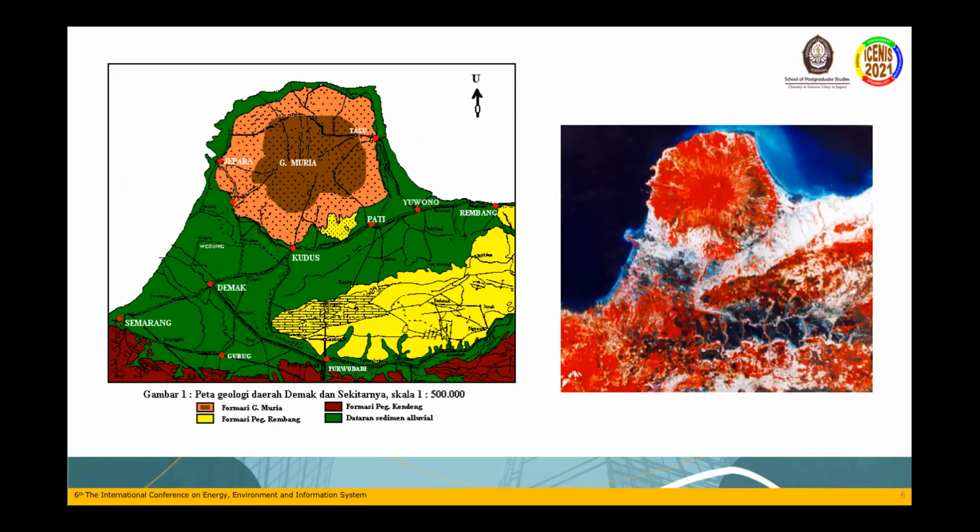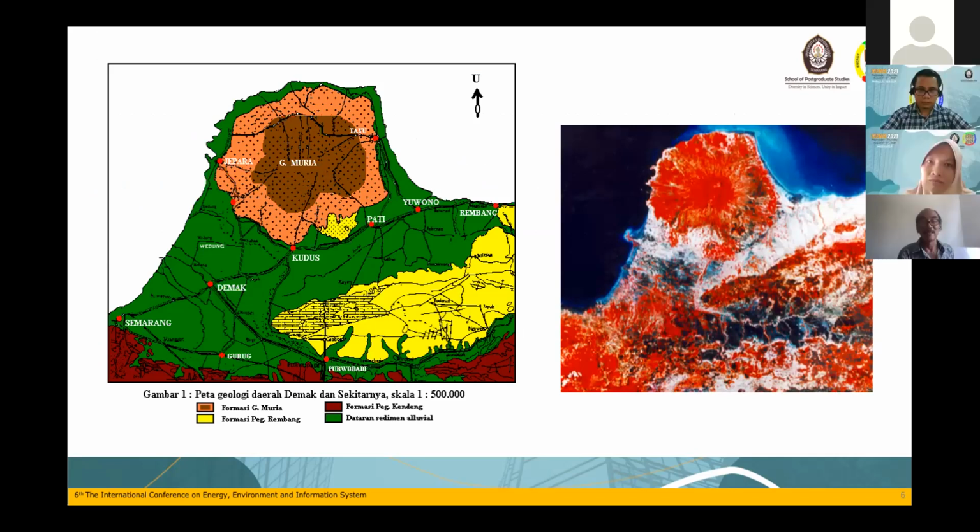In this picture, the area of Mount Muria and the Rembang area is yellow and brown.